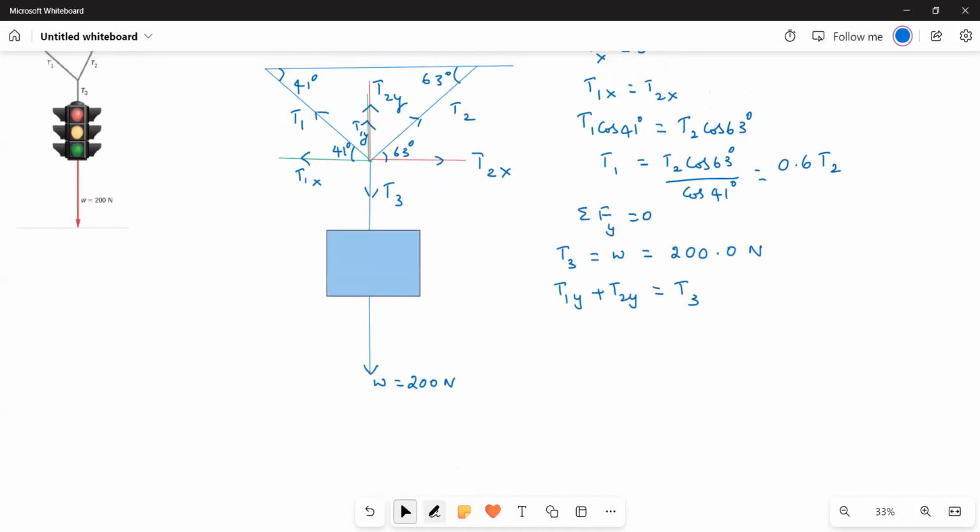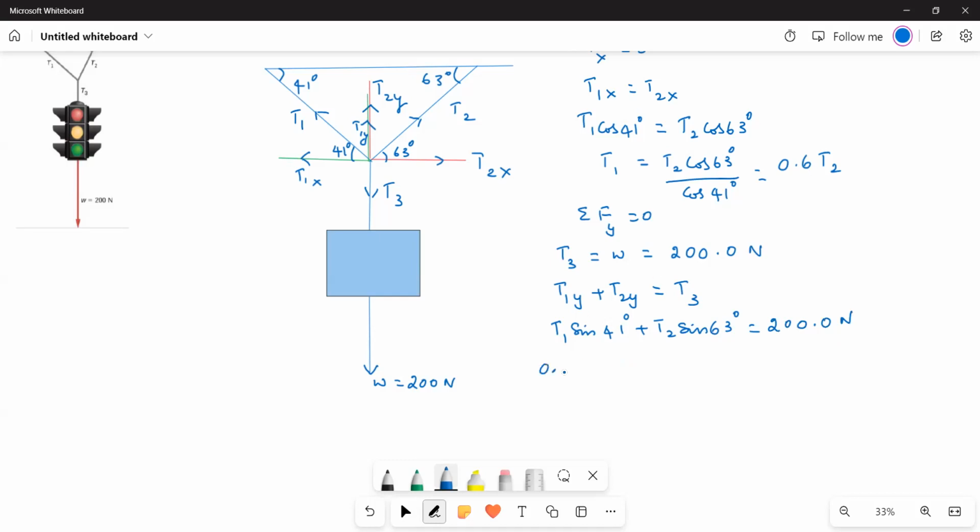Now from the geometry of the figure, T1y is equal to T1 sine 41 and T2y is equal to T2 sine 63, because these two are the opposite sides. This is the angle, this is the opposite side, and this is the angle, this is the opposite side. Therefore, T1 sine 41 plus T2 sine 63 is equal to T3. T3 is nothing but 200. Now T1 is equal to 0.6 times T2.